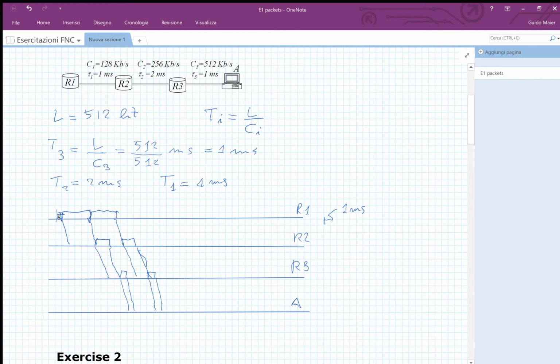So what we have to compute and answer in this problem is the total transfer time of the two packets in the network. If you consider time t0 as the time when R1 started sending the first packet, then for the first packet, the time that we want to calculate is this one.